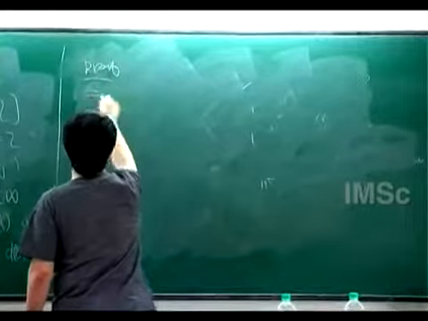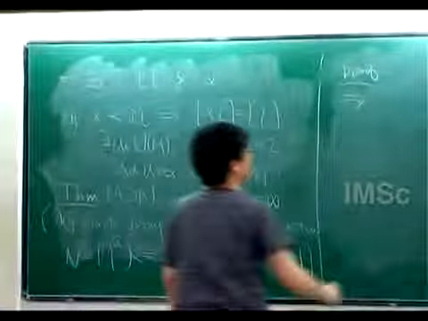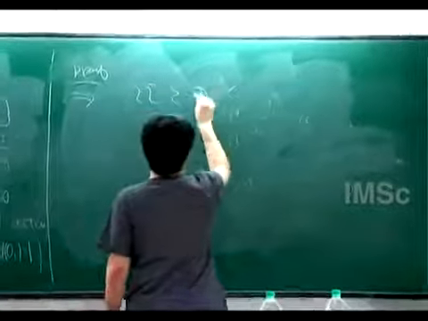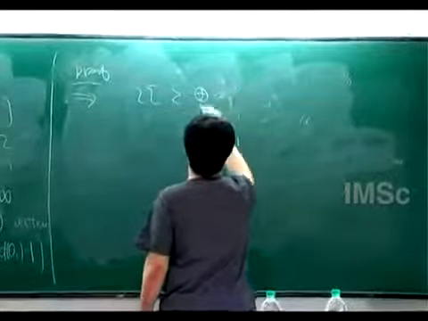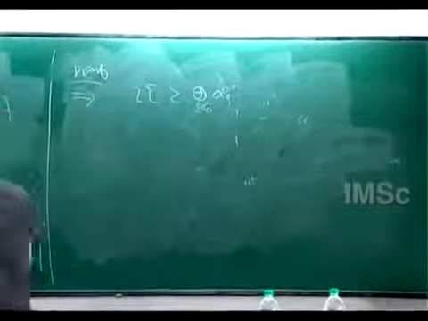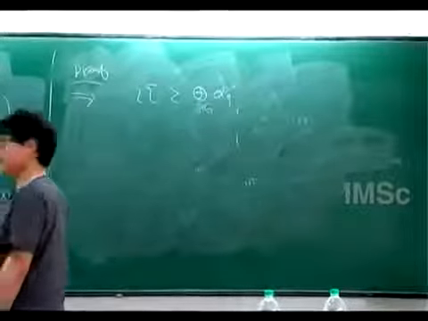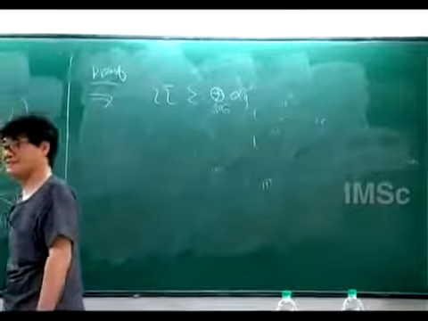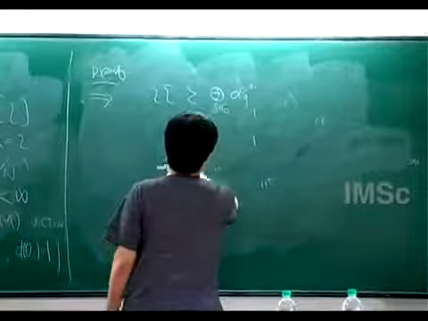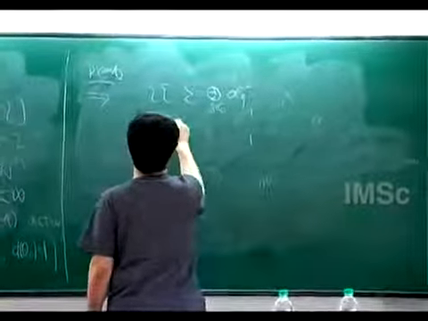For this direction, we've already seen that if N is a fixed point algebra, then iota bar contains the direct sum of alpha g's. But you compare the dimension here.